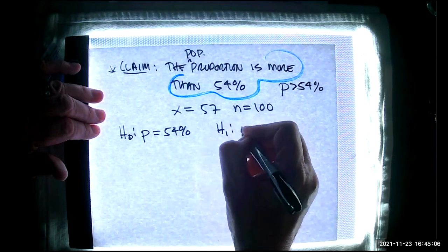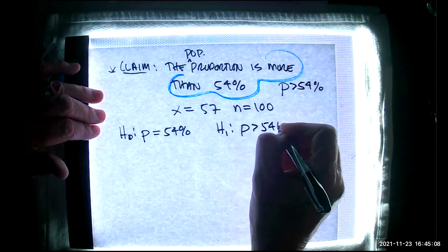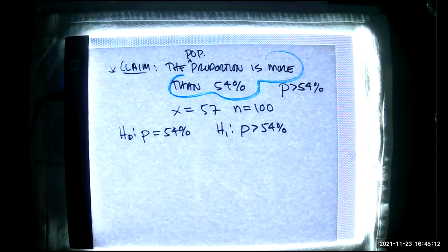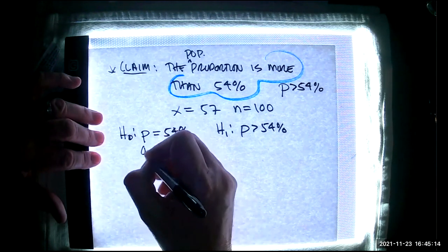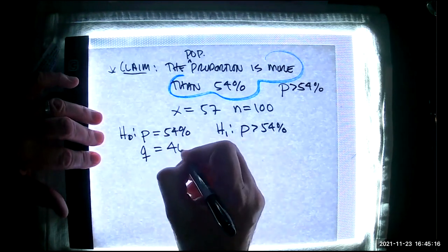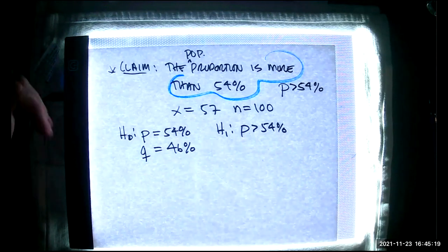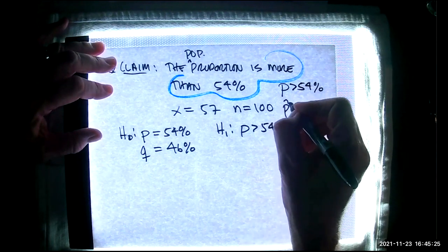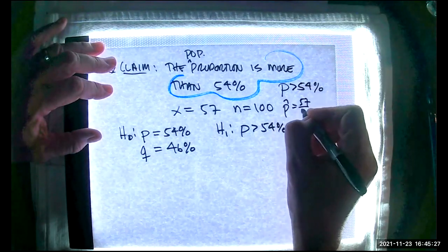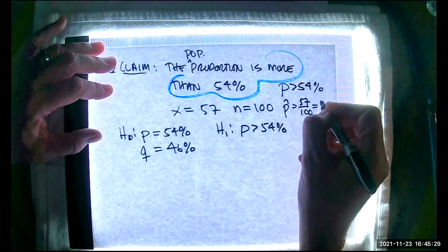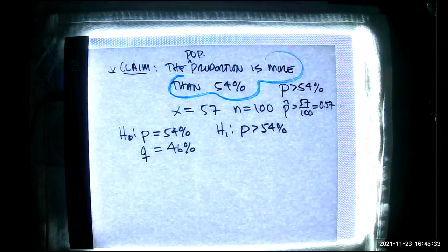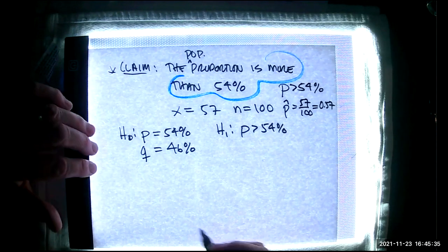The alternative, P is greater than 54%, although I really only need the null here. Once I've got that, that also tells me I've got Q, 46%. P and Q have got to add up to 1. I've also got my P hat, 57 over 100, or 0.57. So I've got everything I need for that calculation.